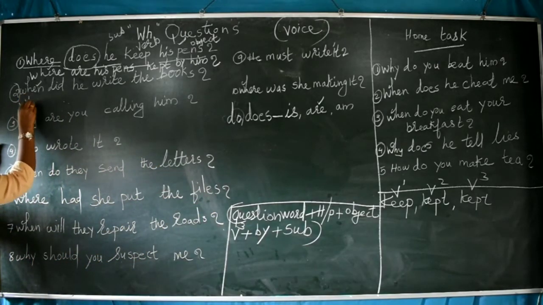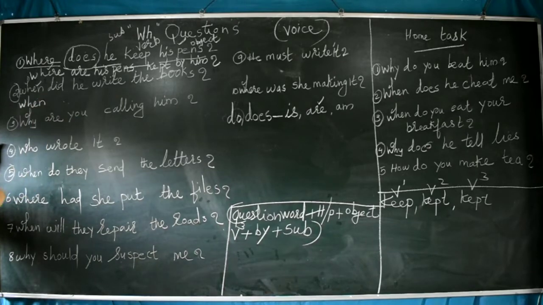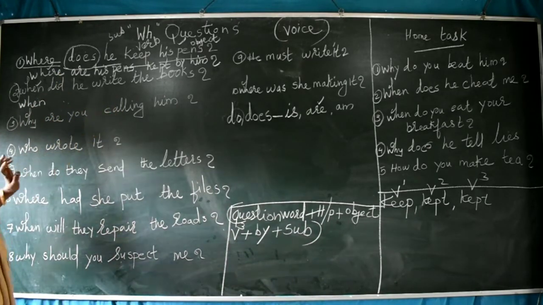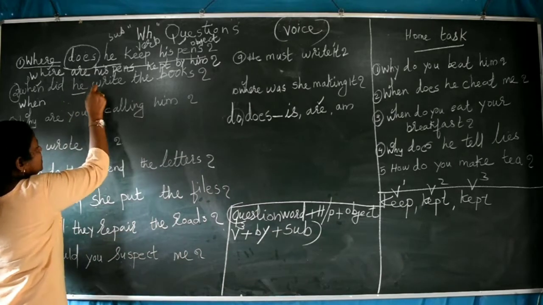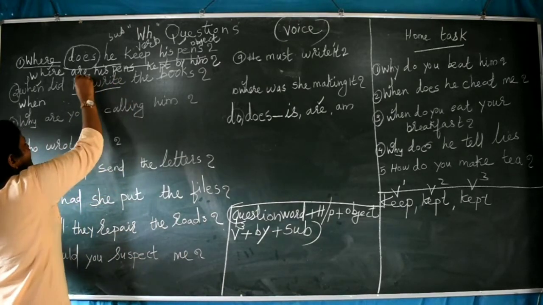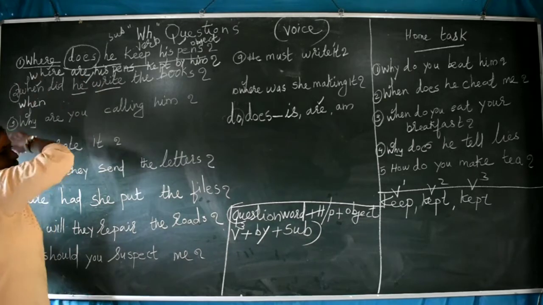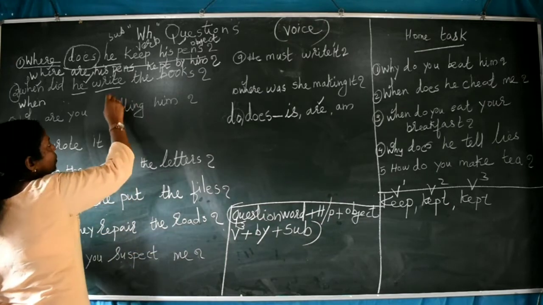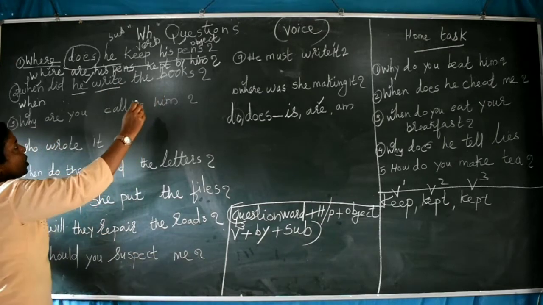Okay, I wrote when. After that we will go for identification, that is subject, verb, object. The one who does the action is called the subject, the action itself is the verb, and who receives the action is the object.